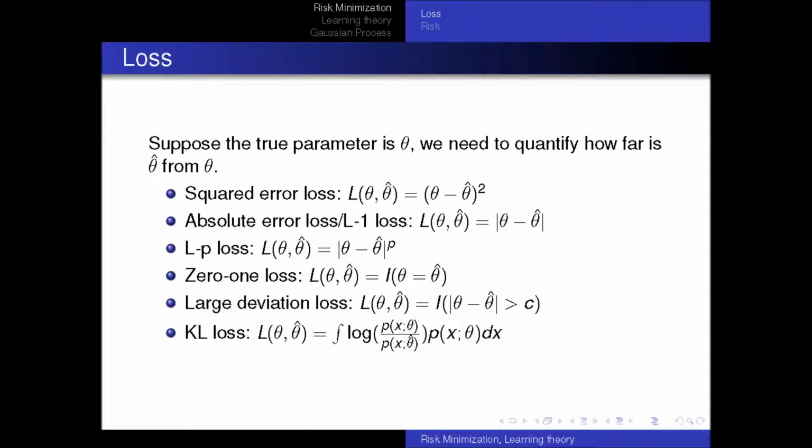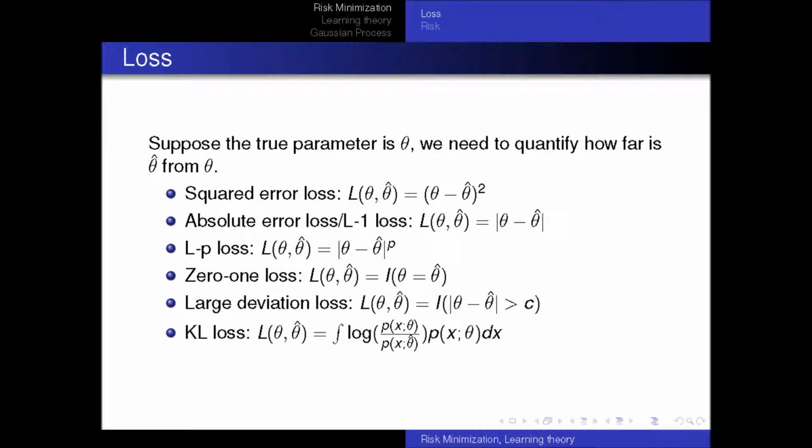For the second one, the absolute error loss is just the L1 loss. And the third one is LP loss. So P equals 2 corresponds to the first loss, P equals 1 corresponds to the second one.